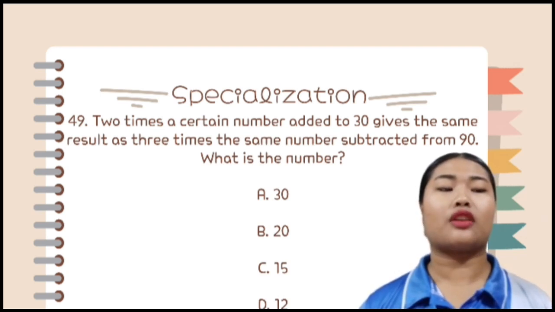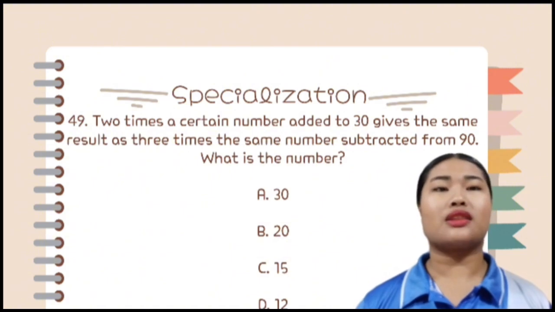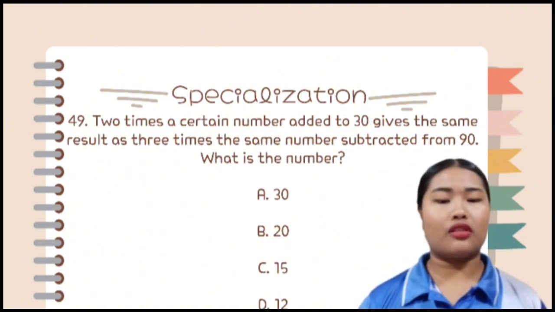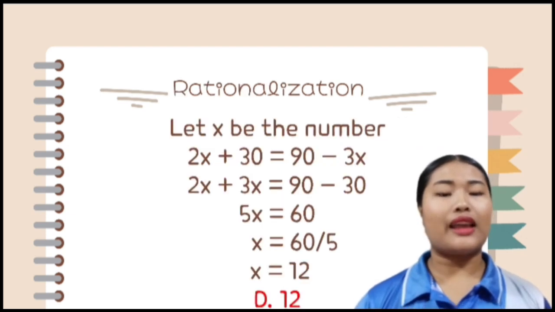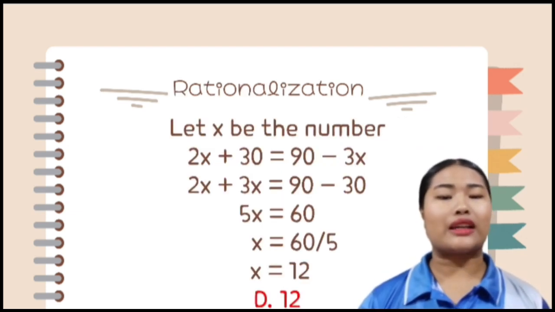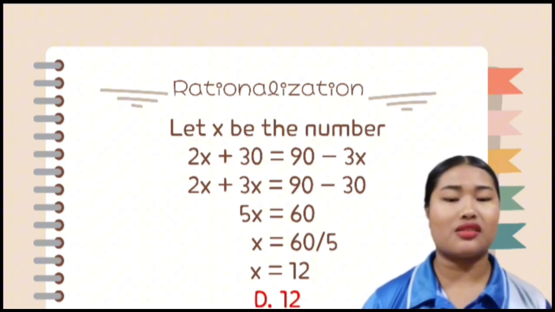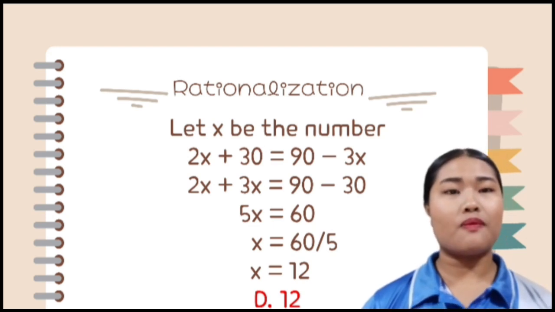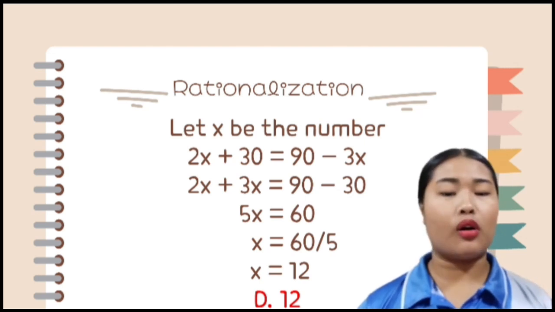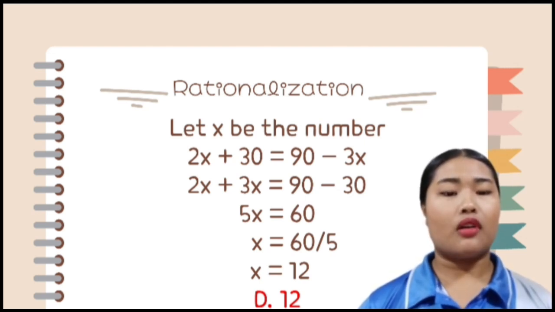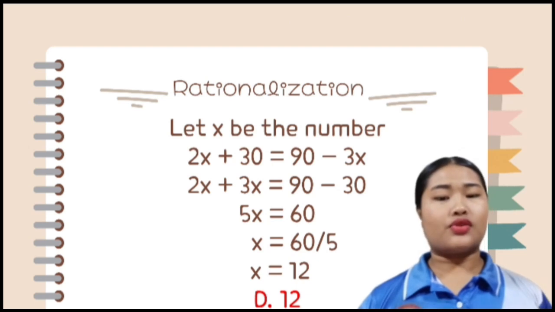So 2x plus 3x, because we transpose it to the other side, it becomes positive 3x, equals 90 minus 30. So 2x plus 3x equals 5x, equals 90 minus 30, which is 60. So we have to divide both sides by 5 to cancel the 5 on x. So x equals 60 divided by 5, and 60 divided by 5 is 12. So x is 12. So the answer is letter D, 12.